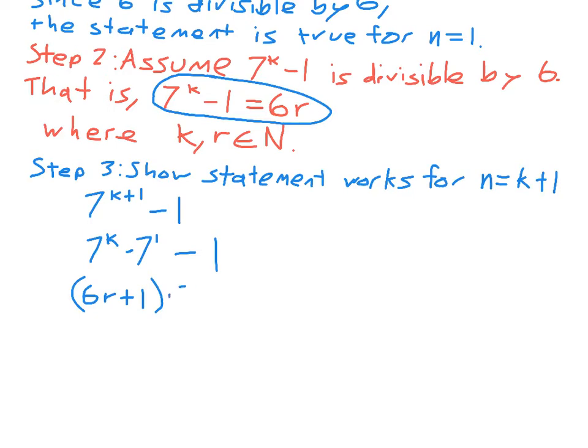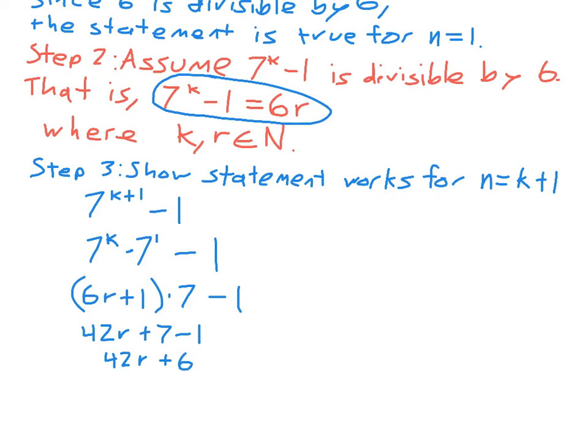And multiply that by 7 to the first, or just 7. So if I distribute the 7, I get 42r plus 7 minus 1 equals 42r plus 6.